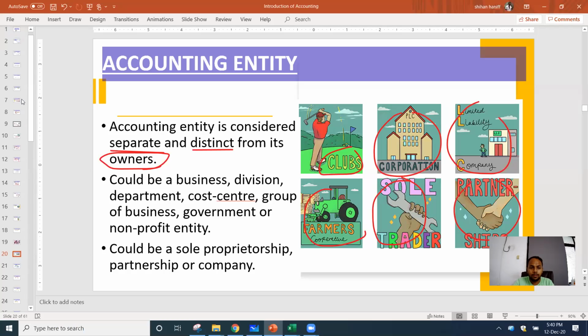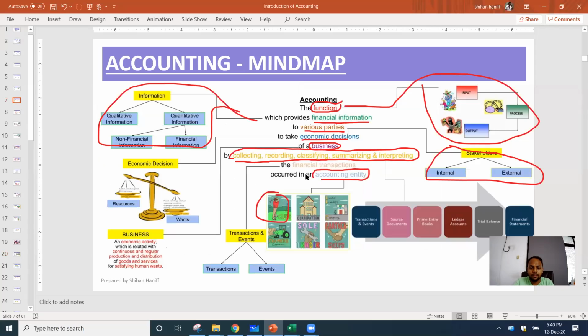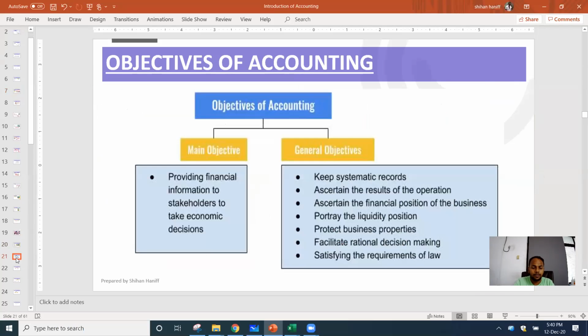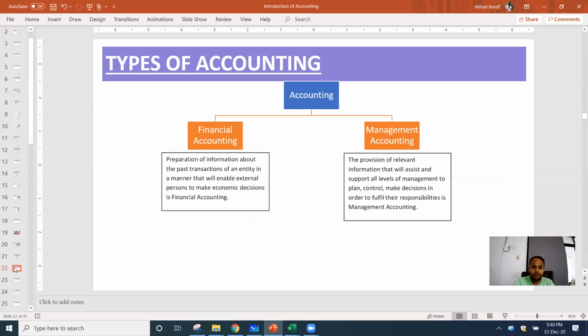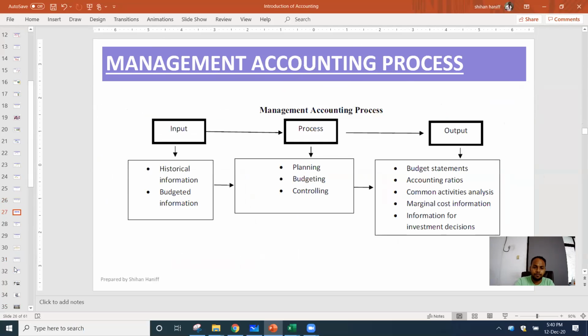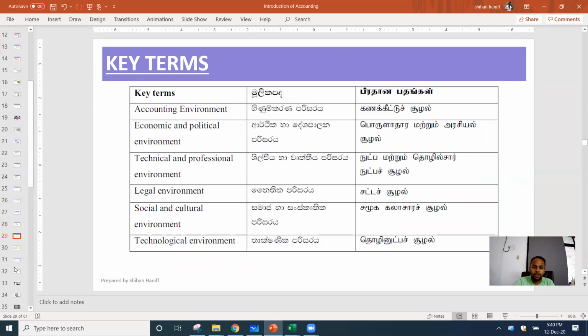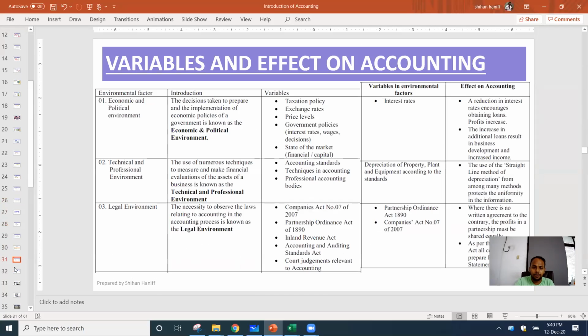Okay, so that's about the definition of accounting, right? But in the definition, you learn many areas. And also, another important part under introduction is the accounting environment.